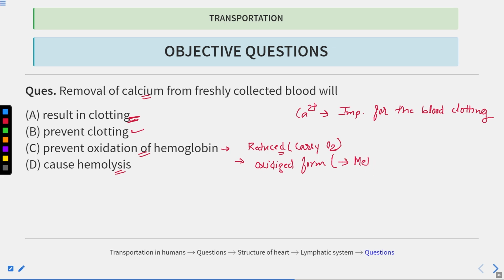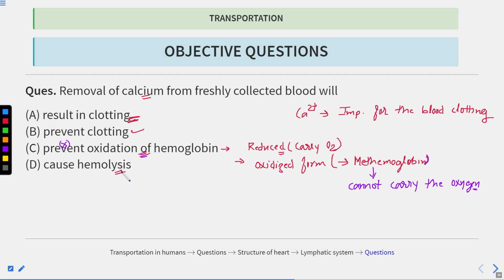The oxidized form of hemoglobin is known as methemoglobin, and in this condition it is not able to transport oxygen, because it is oxidized now. Only the reduced form of the hemoglobin can carry oxygen. So this is also not the correct answer here. Calcium doesn't prevent the oxidation of the hemoglobin.